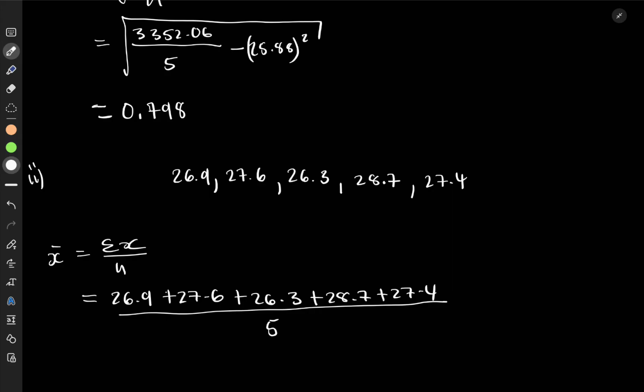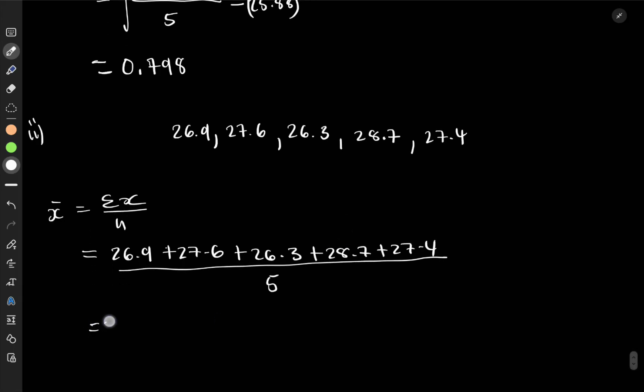I get 136.9 divided by 5, so my new mean is 27.38. This becomes my new mean, 27.38 centimeters.